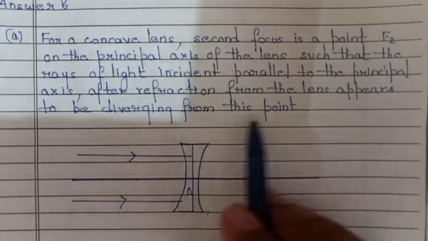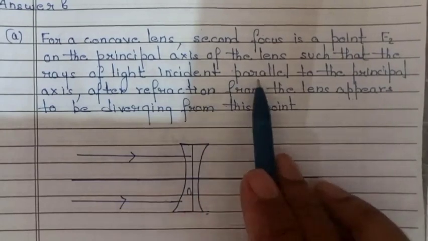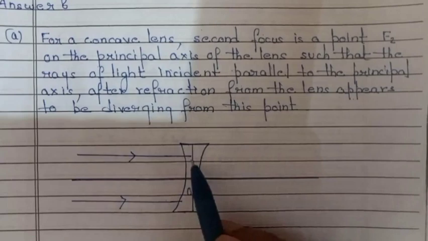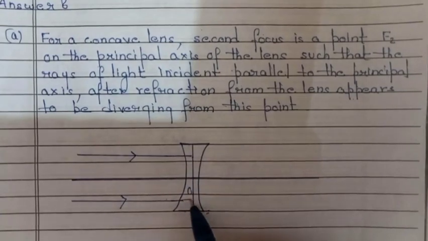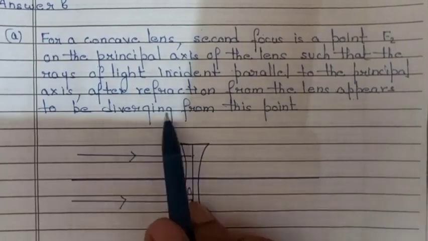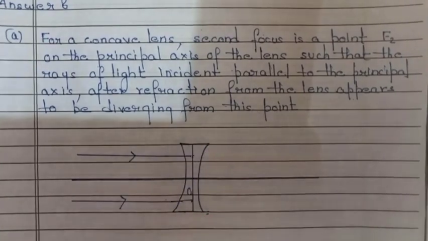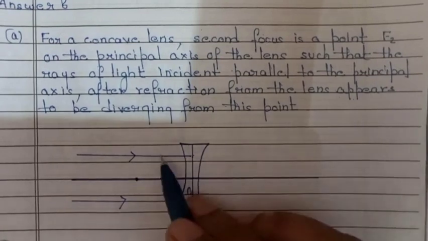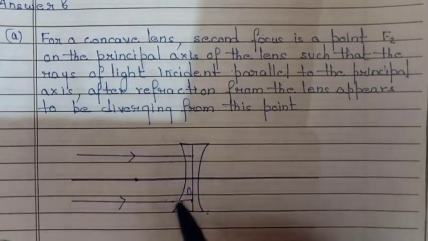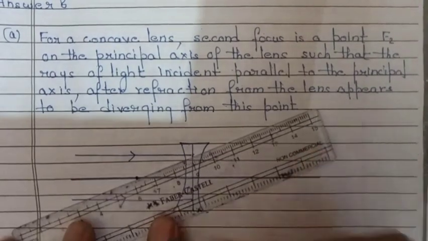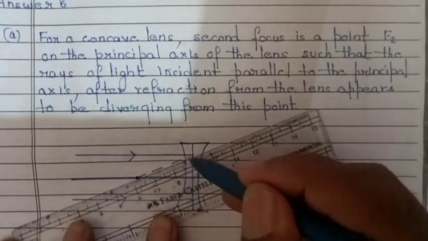Now the definition says that the incident rays parallel to the principal axis, after refraction, these two rays will be refracted from the lens and they will appear to be diverging from this point. So there will be a point on the principal axis, and these rays which are parallel to the principal axis, when they diverge from here, will appear to be coming from this point like this.